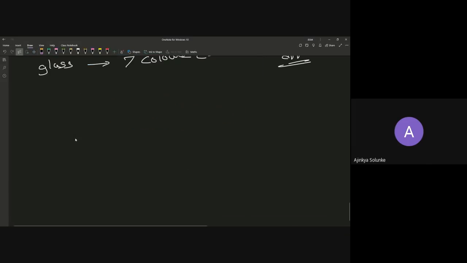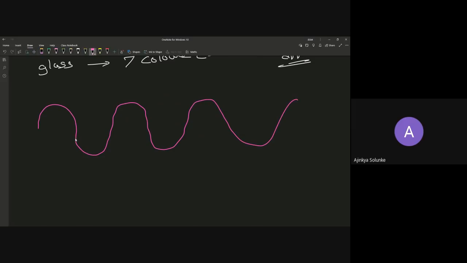First we need to understand what is wavelength. That is the first concept we should understand. Suppose this is a wave, and wavelength is nothing but the distance between two crests, these two mountain tops. Wavelength is generally shown by lambda.